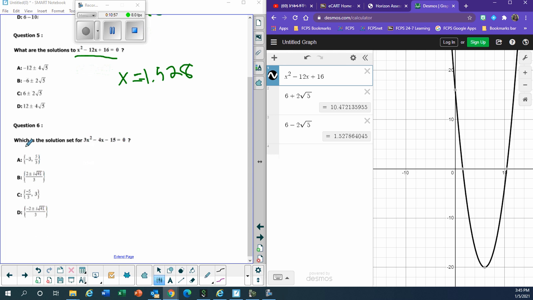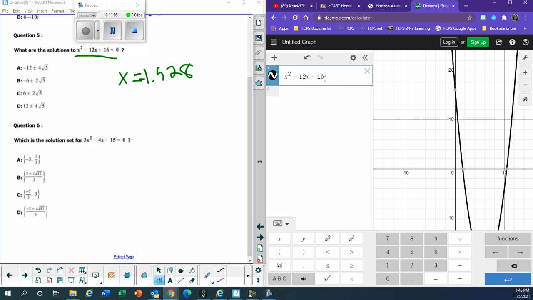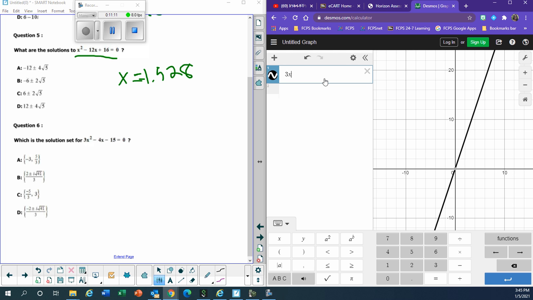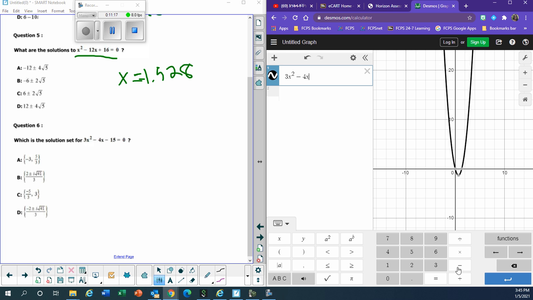All right, number 6, the same thing. 3x squared minus 4x minus 15 equals 0. The same thing. Go to your Desmos. So I'm not going to do everything on this part, right? You guys should be able to do this. So 3x squared minus 4x minus 15.